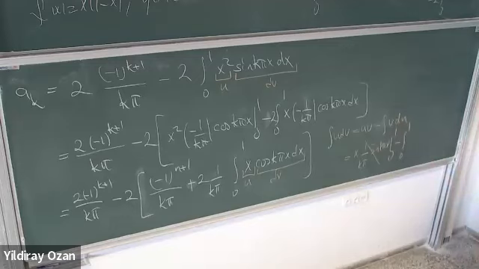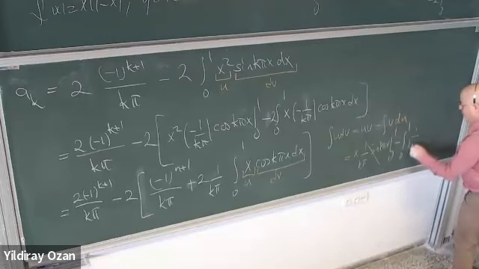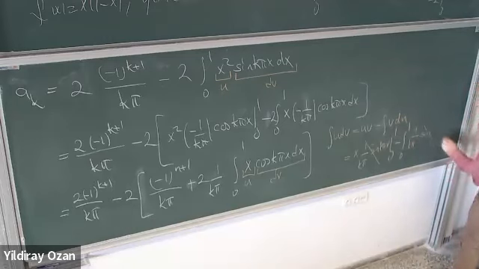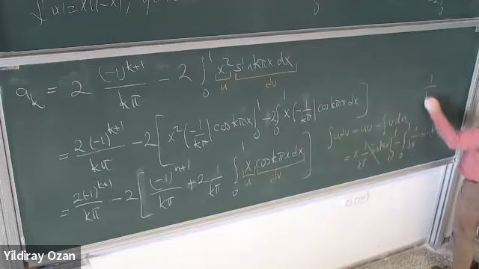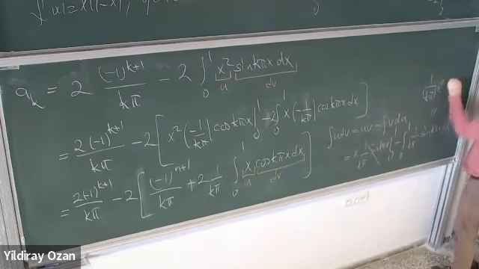du is just 1, and v is just 1 over k pi sine k pi x dx, and the integral of this is minus cosine, minus, it is plus 1 over k pi squared cosine k pi x from 0 to 1.